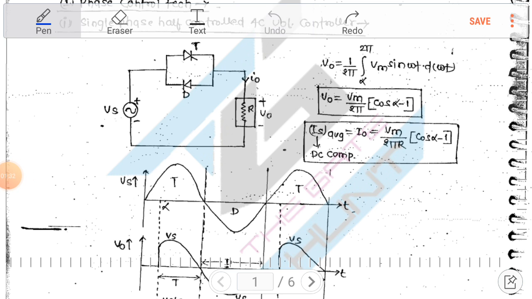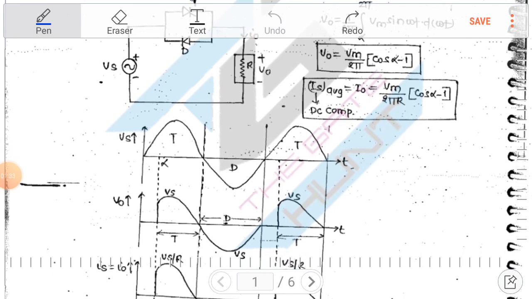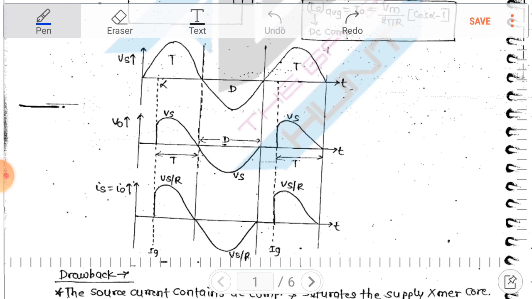For resistive load, the output current and voltage waveform appear to be the same but the magnitude only changes. Here we can see that output voltage has variation and input voltage waveform and current waveform are same as input.